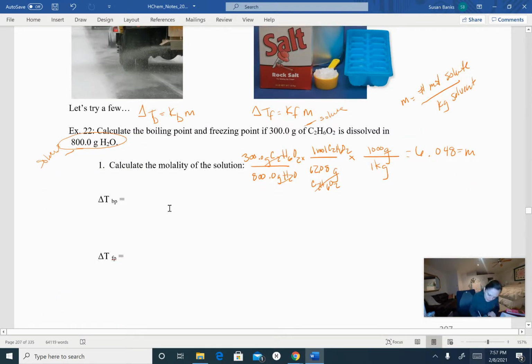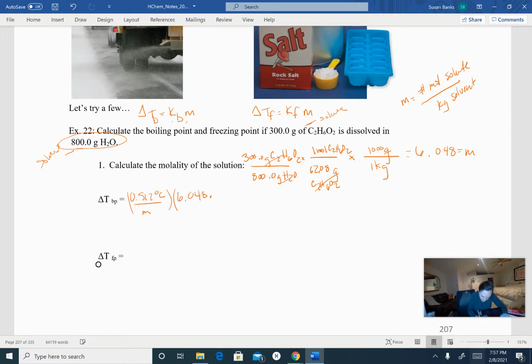So we're going to use our boiling point constant, 0.512 degrees Celsius per molal, and our molality is 6.048 molal. So my molalities cancel out, and I just have temperature, which is my change in temperature.